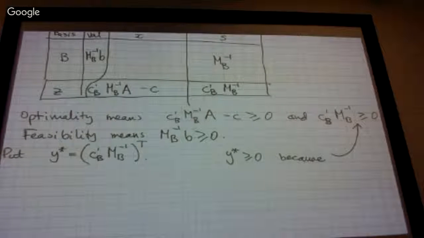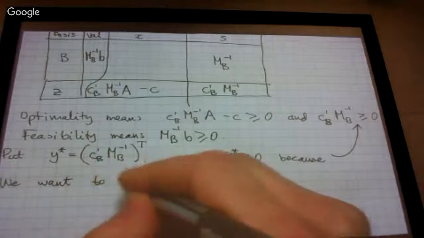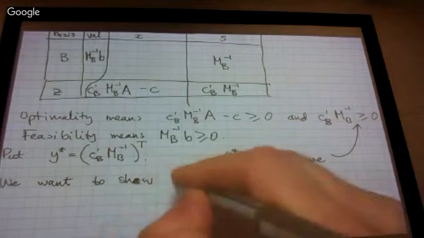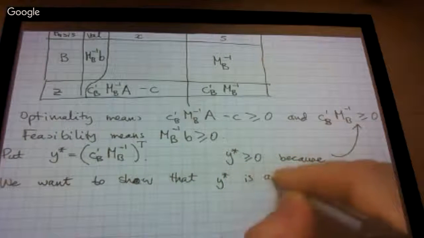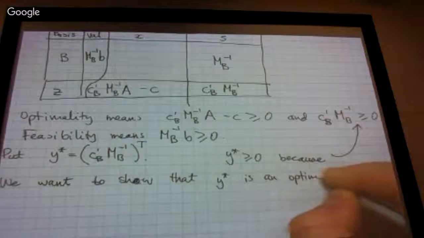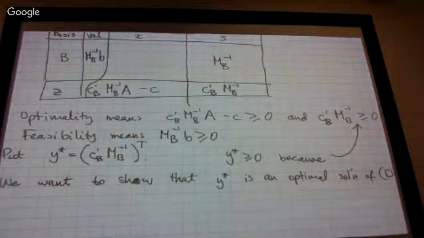Now, what else do we want to show? We want to show that this y star is an optimal solution of the dual. So we should show that it's feasible, and also that you cannot have any better value.